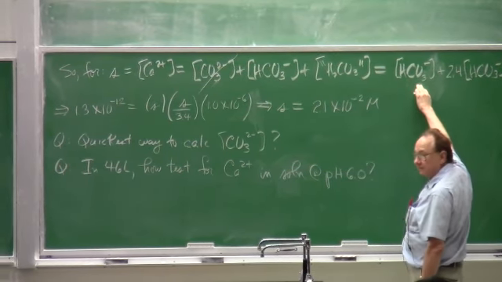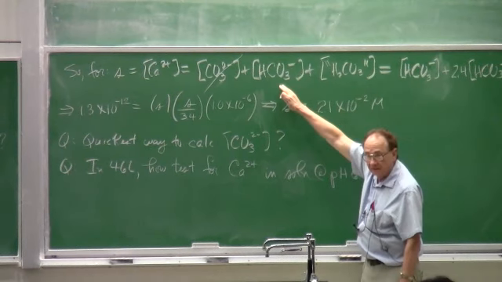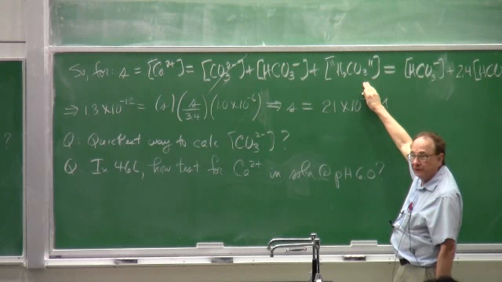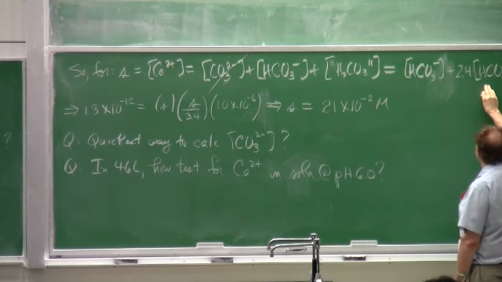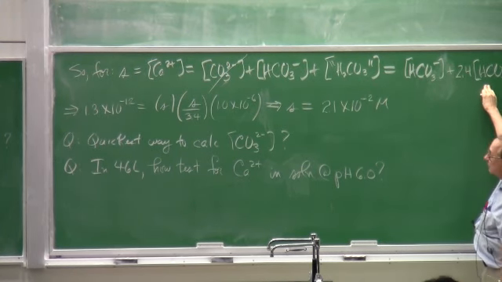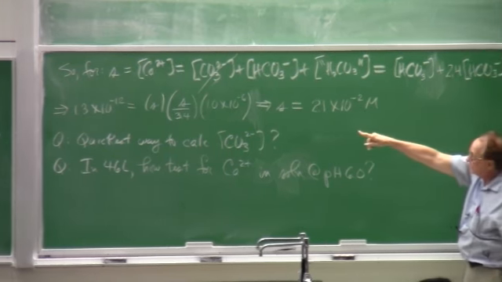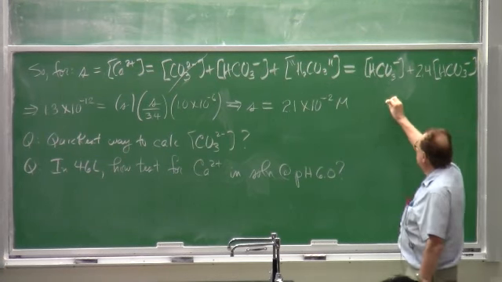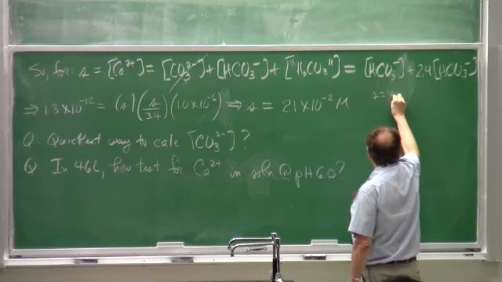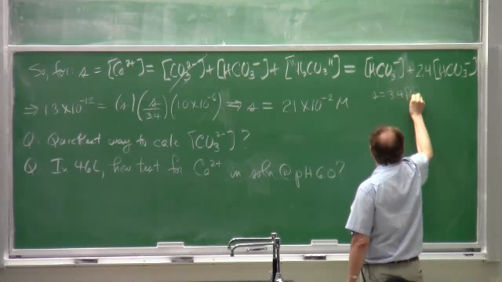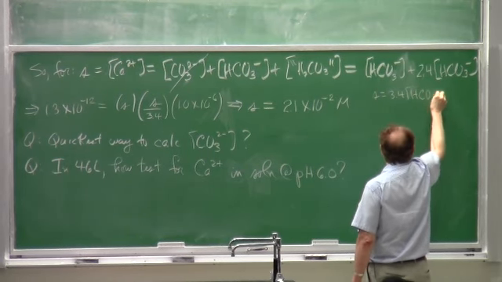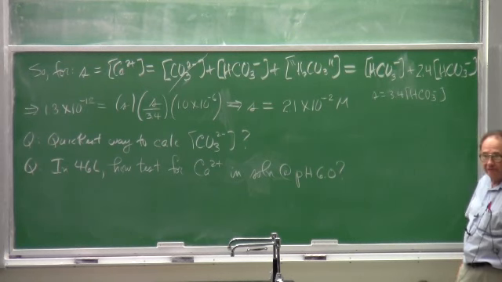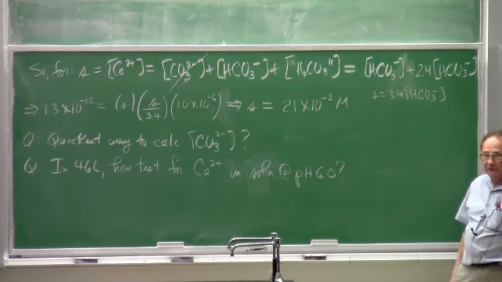This, rewritten, plus this expressed in terms of molarity of bicarb, 2.4 times bicarb. So what do we find out? S, in terms of carbonate-containing things, is 3.4 times the equilibrium molarity of bicarb for the system buffered at pH 6.